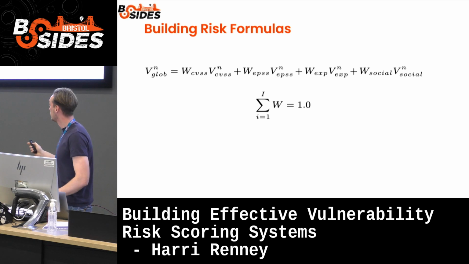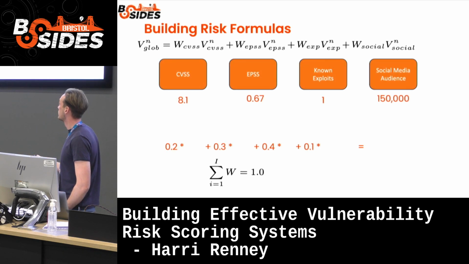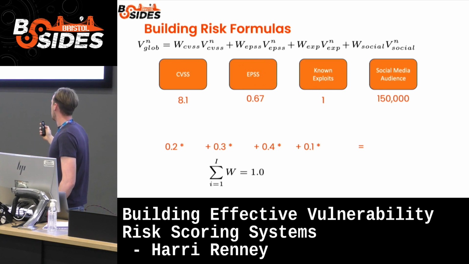It doesn't have to be 0 to 1, I prefer that. It could be 0 to 10. You would just have your weights add up to 10. So let's look at this in a nice way on a presentation. Let's just imagine we find a CVE with this CVSS score, with this EPSS, one known exploit, and say 150,000 people exposed on social media to this CVE.